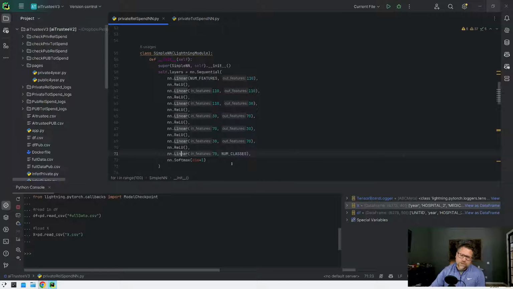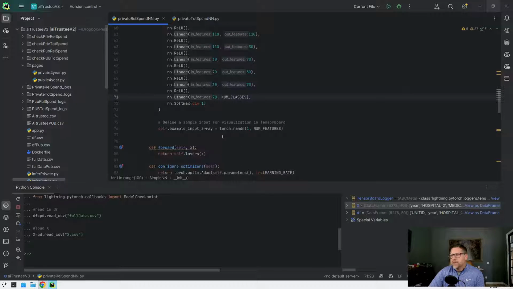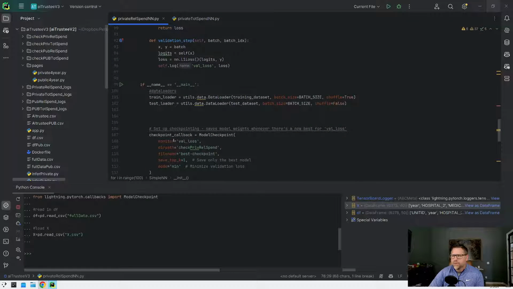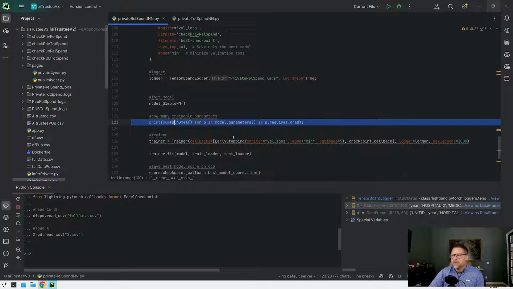So each functional expense gets a different proportion of spending at the end. Maybe more than you need to know, but basically here you can figure out the number of trainable parameters. And I told you it's about 27,000 trainable parameters for one neural network.